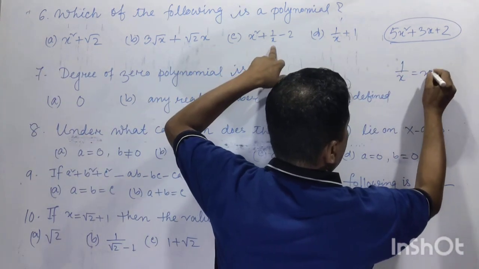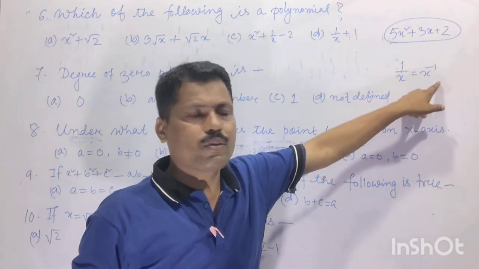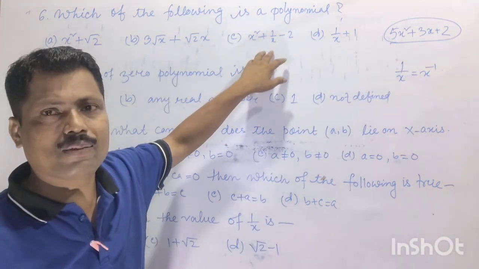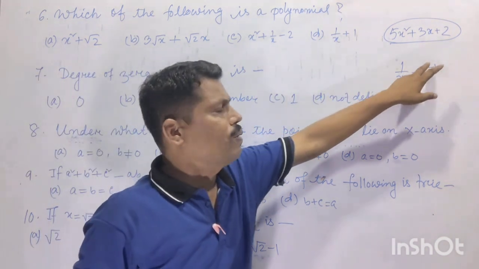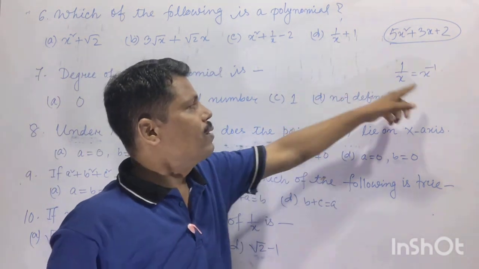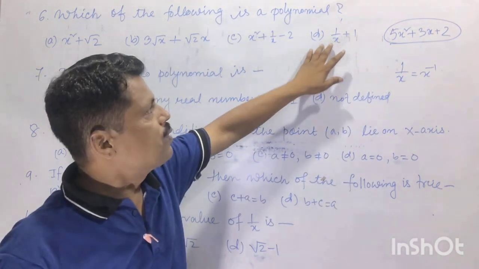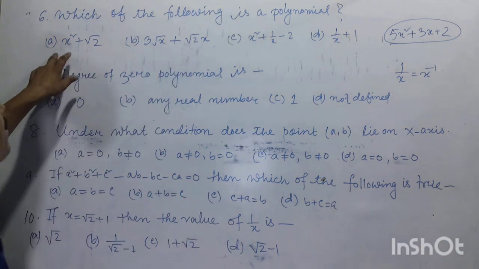This one has a negative power, so x square plus 1 by x minus 2 is not a polynomial. So this one is a negative integer exponent, and this one also will not be a polynomial. So option A is correct.